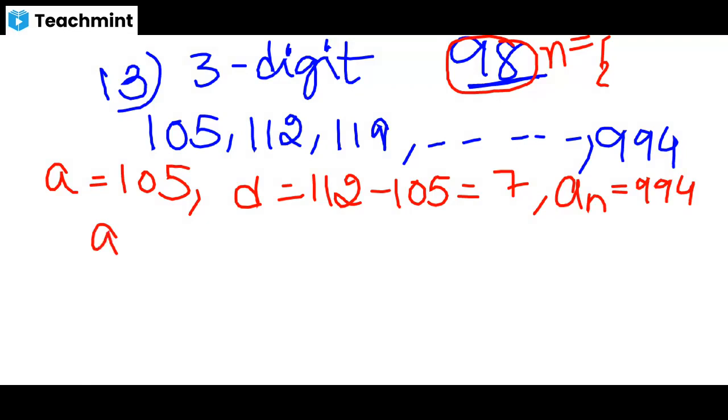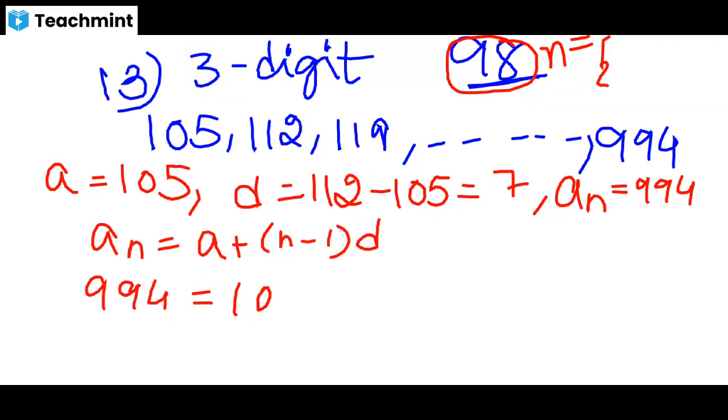Use the formula an is equal to a plus n minus 1 into d. What is given? an is 994, equal to a value 105 plus n minus 1, and you should find the n value. So we write n minus 1 as it is, and d value is 7.